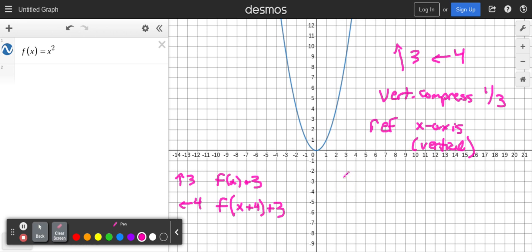Next, when we have our vertical compression by a factor of 1/3, now we're going to multiply this whole first part by 1/3. So the vertical compression of 1/3 tells us now we're going to have 1/3 f of x plus 4, plus 3.